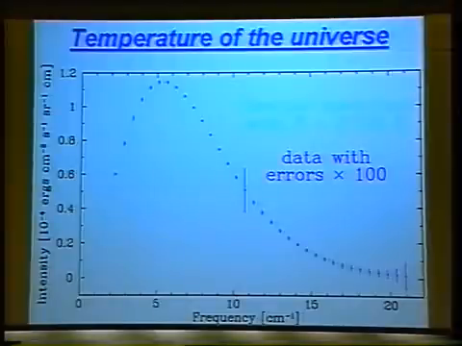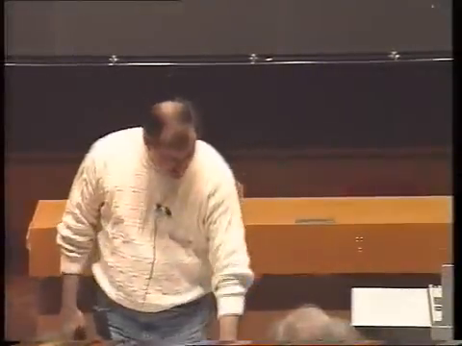Because if I would plot them in the regular units, of course, they would be so much smaller than the thickness of the line, you would not be able to see them. So the best black body in the universe is the universe. It's exquisitely well fit by a black body of 2.726 degrees Kelvin. So the temperature of the universe is well known, and if we know the temperature of the universe, then we know the energy density of the universe in radiation.